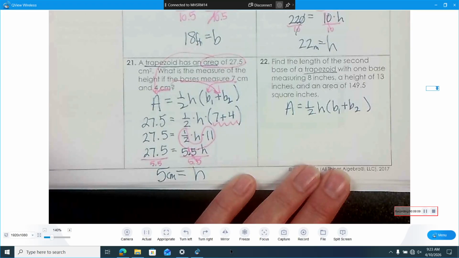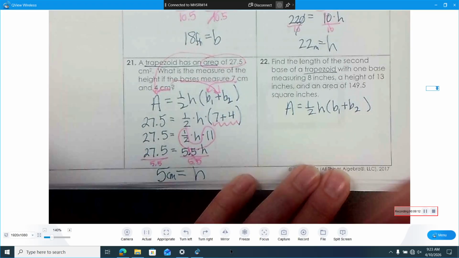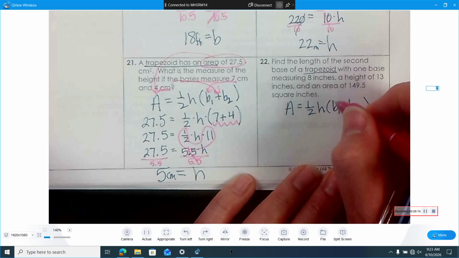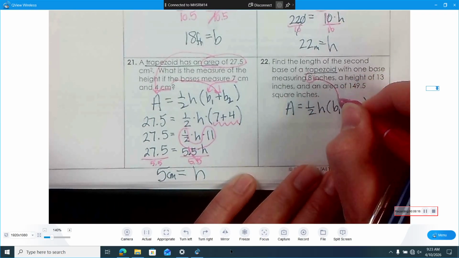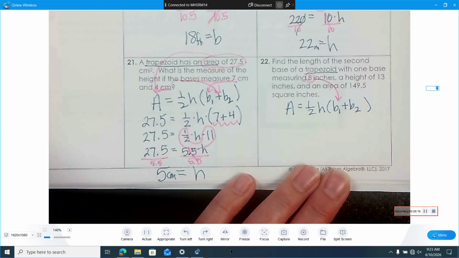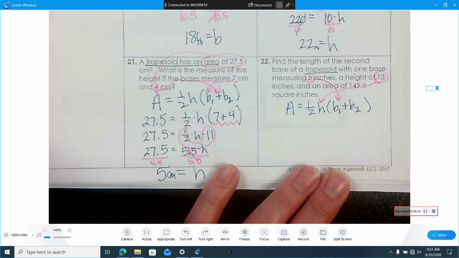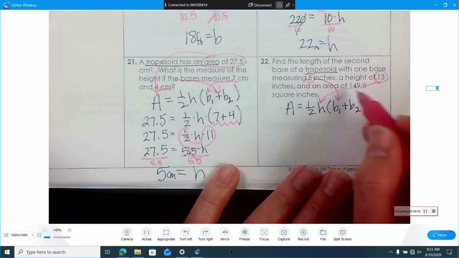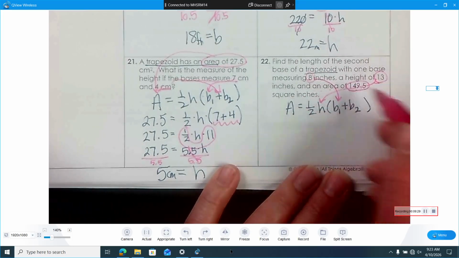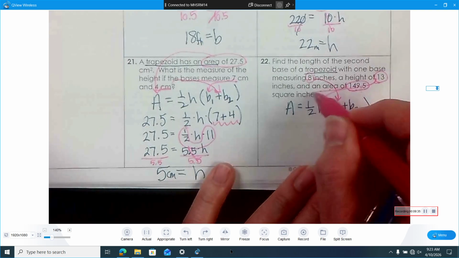And again, we want to plug in what we know. It says one base measures 8 inches, so I get to put 8 in there for one of them. It has a height of 13, so that goes in place of the height. And it has an area of 149.5. Where do we put the 149.5? In place of A. Very good.